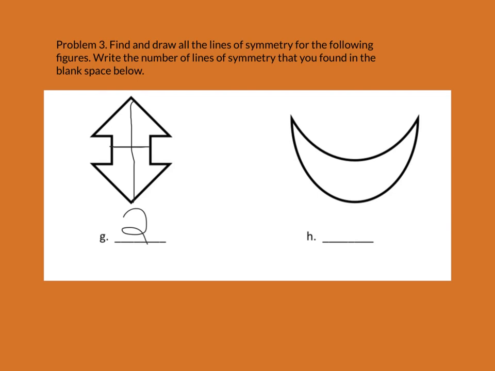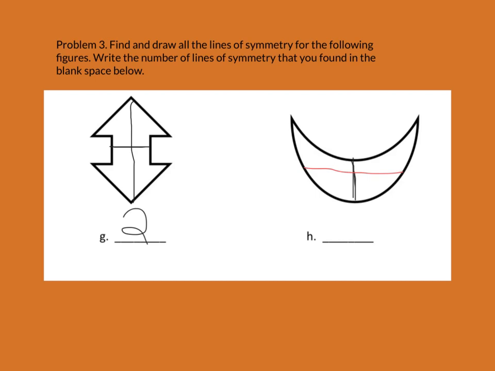Now looking at our next object, we could draw a line down the center right here. Now this object and this object would be mirror images of each other if they were split apart. I don't think we can draw another line of symmetry. What if we were to draw a line like this?